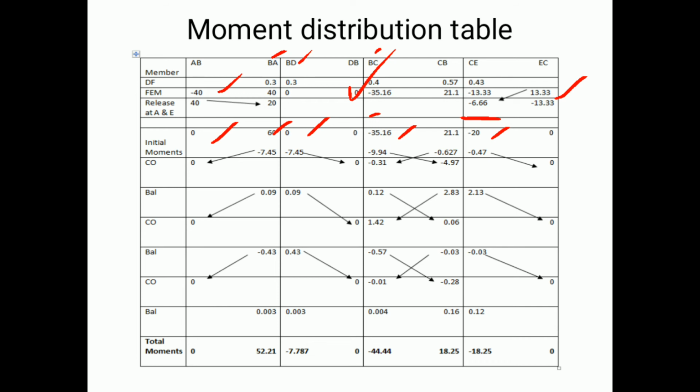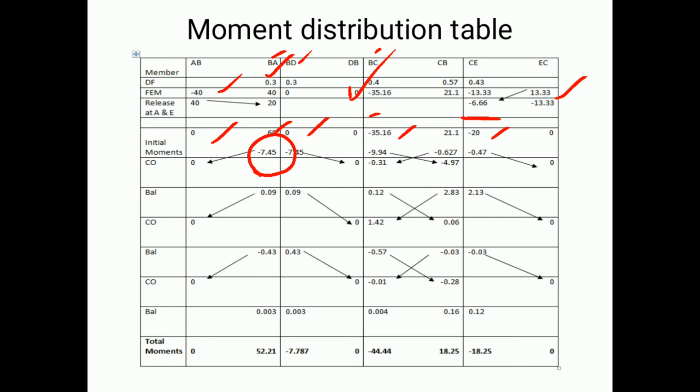For the answer I get from that addition, I need to multiply with the respective distribution factor of the members. So 60 minus 35.16, some amount of answer I will get, and that answer multiplied by 0.3, I will get the moment for member BA.